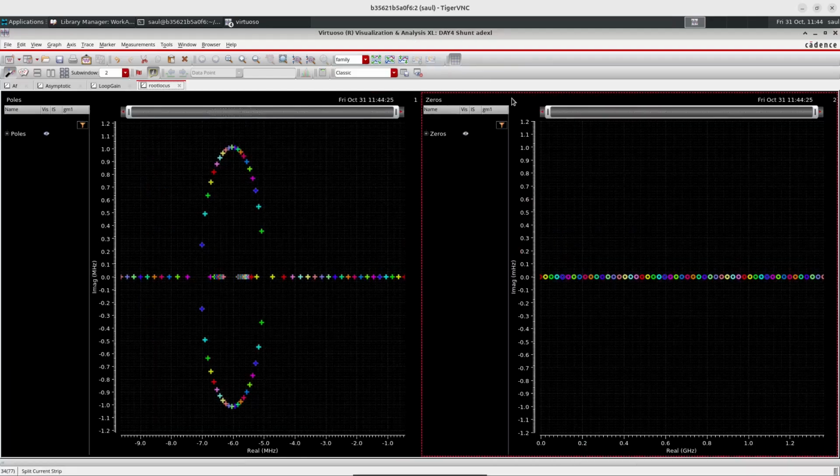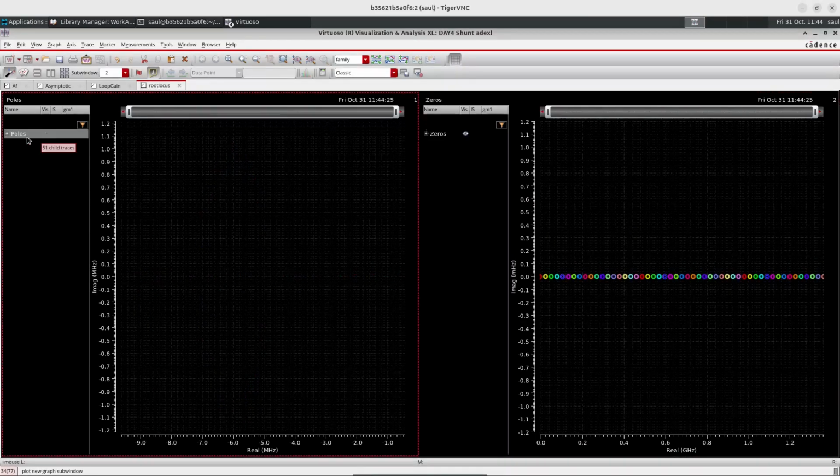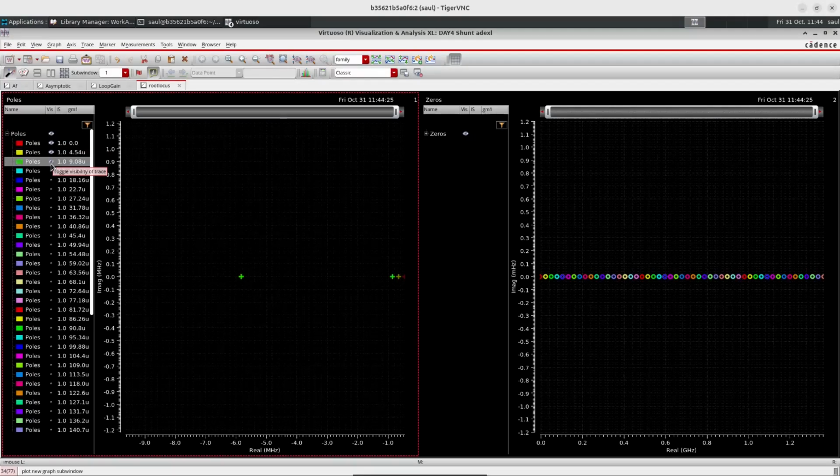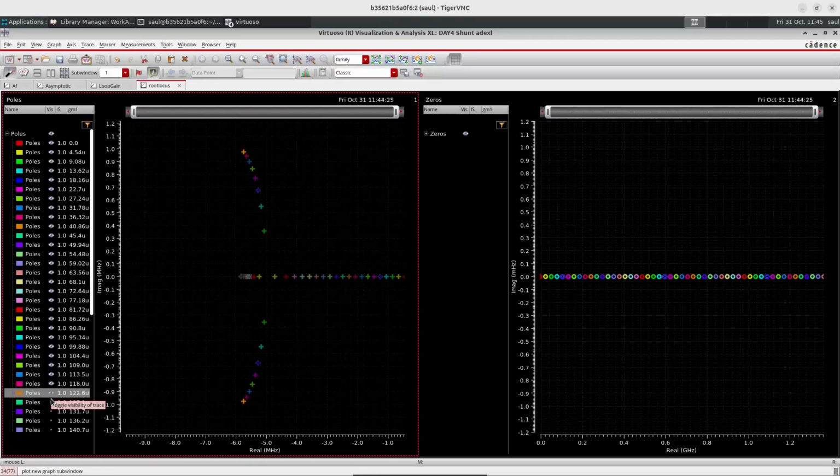Okay, so we have here the root locus, and then we start sweeping the transconductance and checking how the position of the poles evolve from their original positions that we calculated from the loop gain towards the final position after the final value of the transconductance is reached.